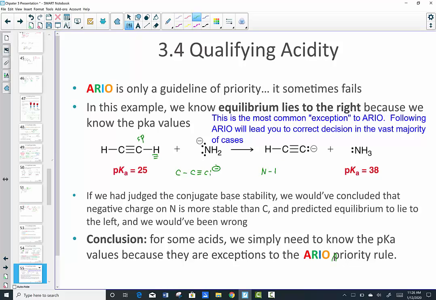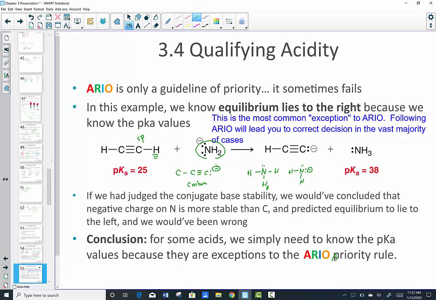If we had to judge the conjugate base stability, we would have concluded that the negative charge on nitrogen would be more stable, and therefore I would conclude that the ammonia must have been the stronger acid, but published pKa values verify that that's not true. It's just one exception. When I look at the terminal end of an alkyne, it's a pretty strong acid, more so than even the more electronegative element nitrogen.